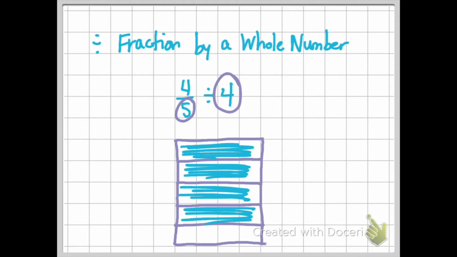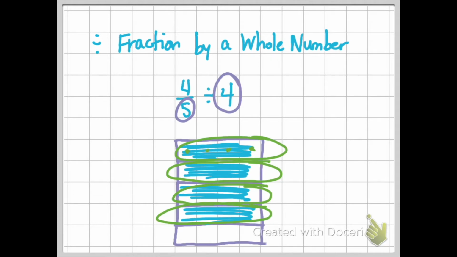So from here, what do we do? Well, we have our total of 4/5, and we want to see how many groups of 4 we can create. Now, there are 4 units, 1, 2, 3, 4, in each of these rows. So this is 1 group of 4, 2 groups of 4, 3 groups of 4 and 4 groups of 4.